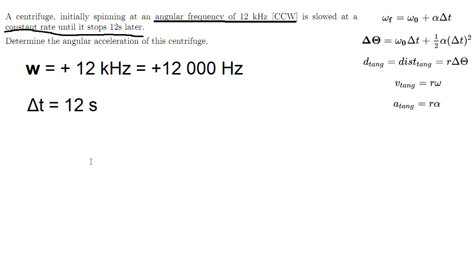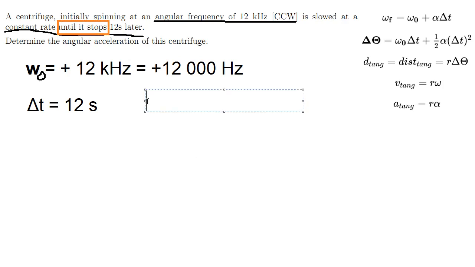Now, there is a final piece of information here, and it's probably the most difficult one to pick up because it's hidden in words. What you're told here is that it stops. So what this means is your angular speed is going to change. The one that you started with is of course going to be the initial one.